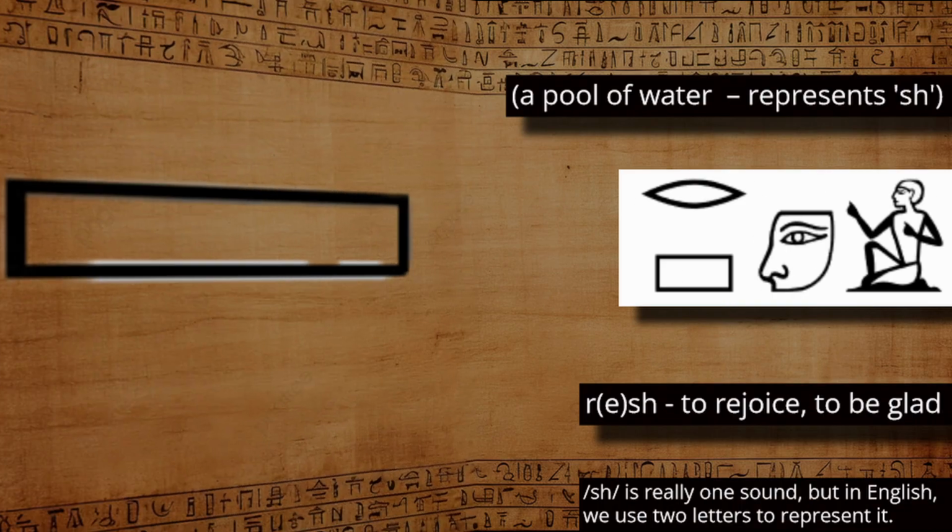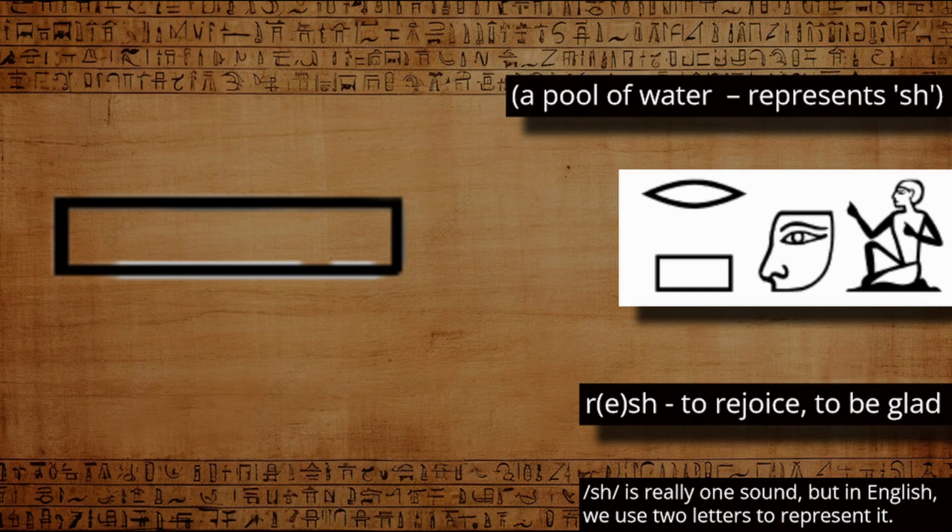This time, we have a pool of water, which represents sh. Even though it looks like two letters in English, it's actually just one sound. Now, take a look at this word, resh, which, with two ideograms at the end, means to rejoice or to be glad.